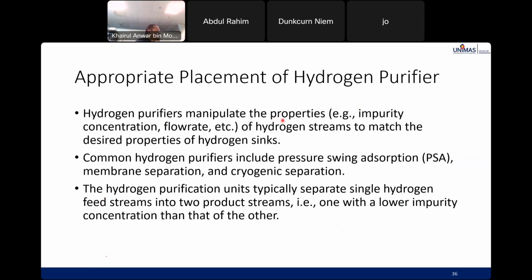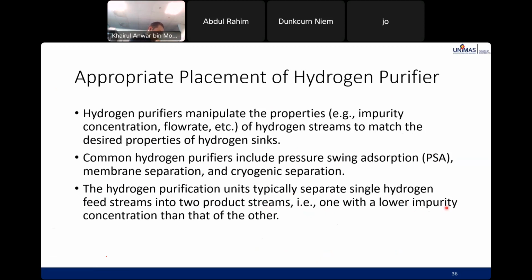Hydrogen purifiers manipulate the properties of hydrogen streams to match the desired properties of hydrogen sinks. Common hydrogen purifiers include pressure swing adsorption PSA, membrane separation, and cryogenic separation. The hydrogen purification unit typically separates a single hydrogen feed stream into two product streams, one with a lower impurity concentration than that of the other.